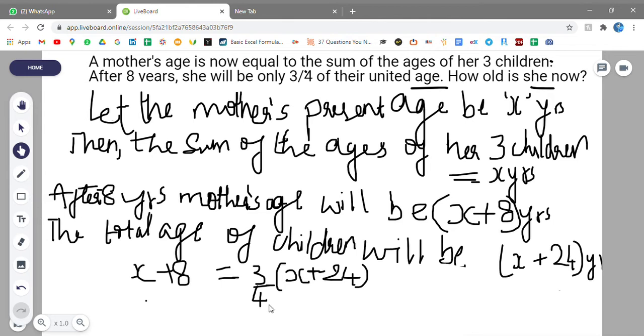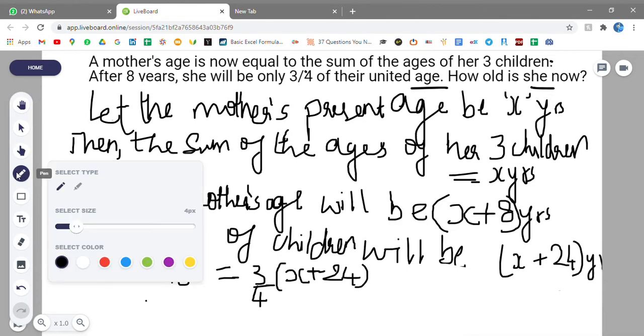What we can do here is, this 3 by 4 is given, right? So this 4 can be taken to the other side. Here it is in division form. When we take it to the other side, it is going to become multiplication format.